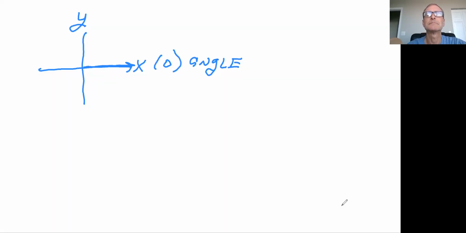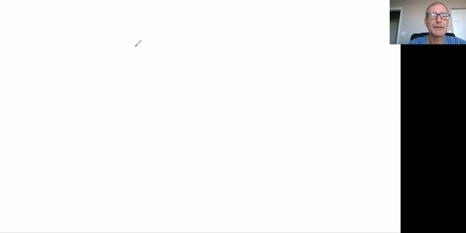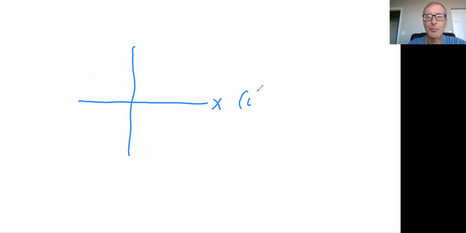So the idea here is that if we have the x-axis right here, and this is our 0 point, if we go this way, which would be counterclockwise, that is the positive direction.